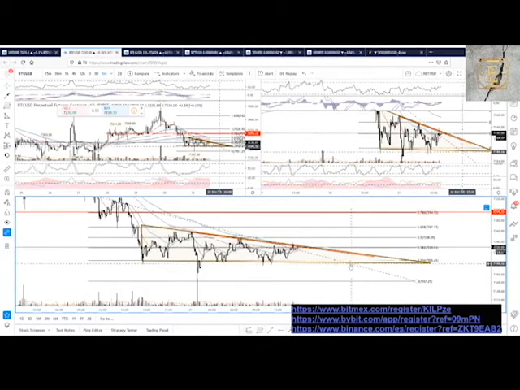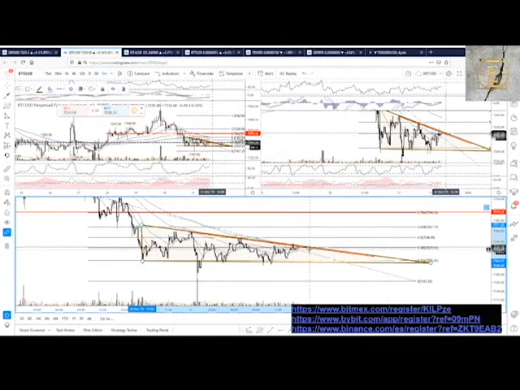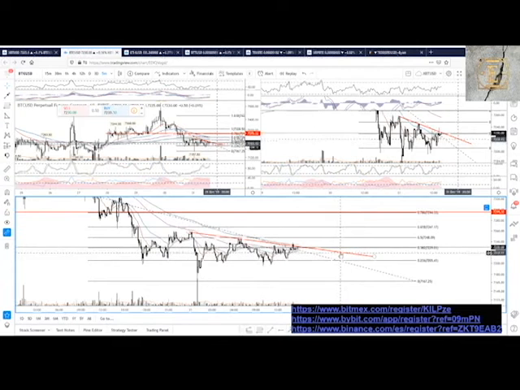So let's see. I'm going to remove this because it's so ugly right now, looking like that. So this is my lines.